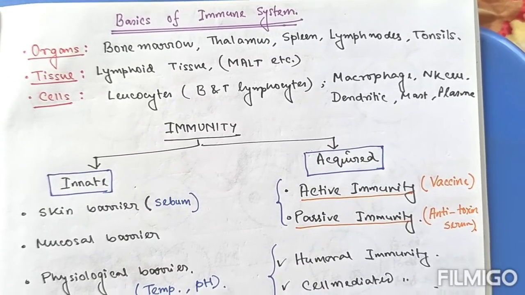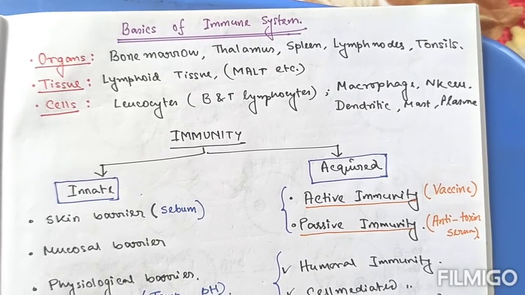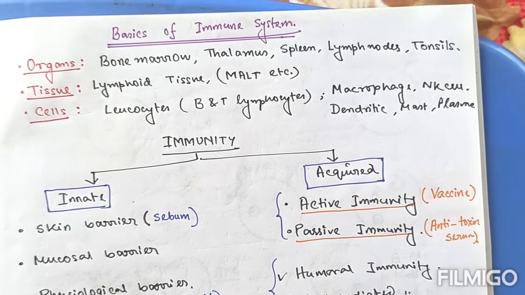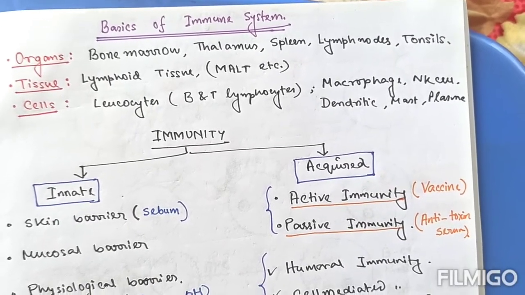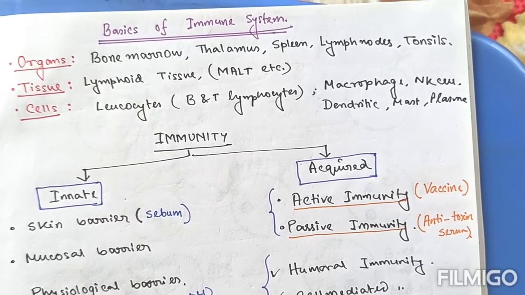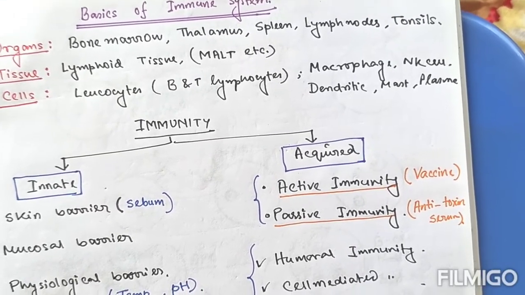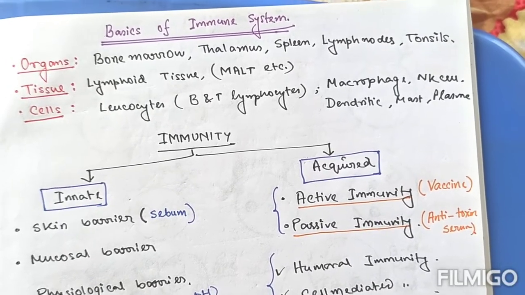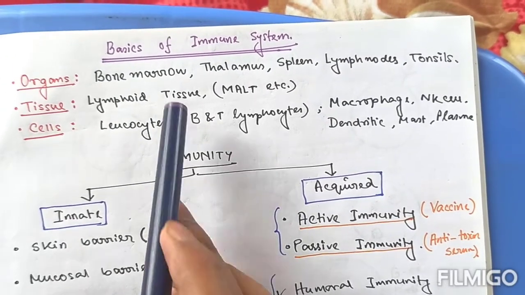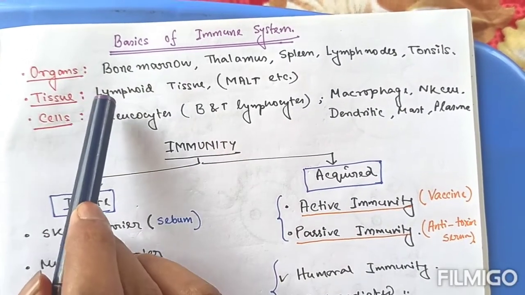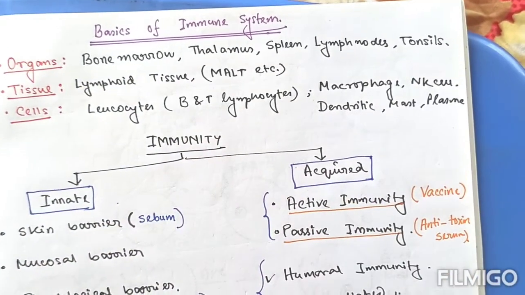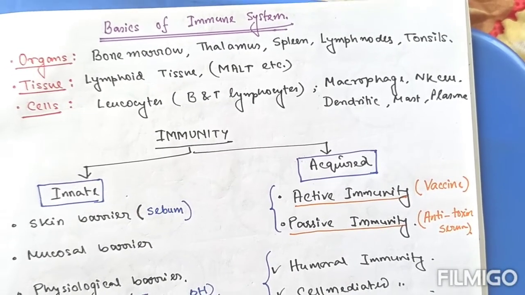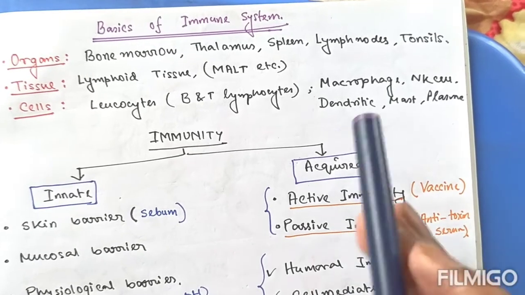The cells that are the main contributing factor for the immunity of our body are leukocytes. All types of leukocytes confer immunity in various ways, and among them the most important cells are B and T lymphocytes, and hence the tissue which is related to the immunity is called lymphoid tissue. Basically, they secrete more lymphocytes and they provide immunity.